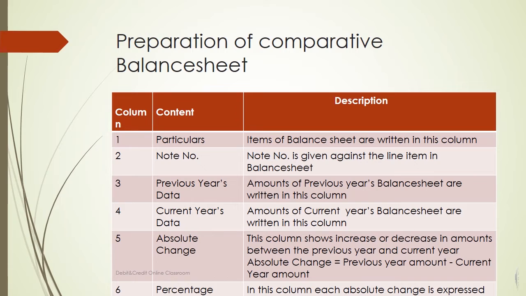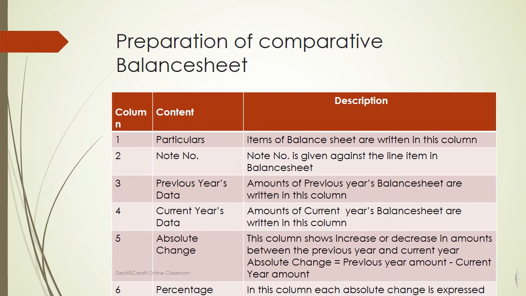And fifth column is for the absolute change, that is the increase or decrease in the amounts between previous year and current year. This is calculated using the formula absolute change is equal to previous year's amount minus current year's amount.